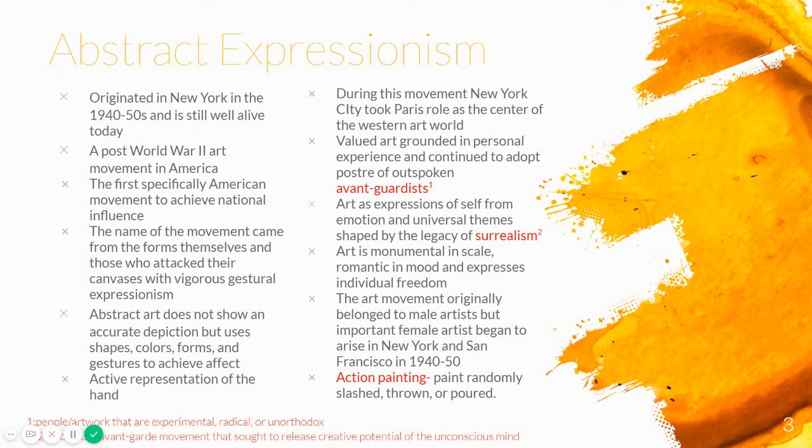Okay, abstract expressionism. The characteristics for this movement are in ways very similar to the expressionism movement. We're going to be seeing some of those same characteristics, and there is one big difference that we will get to, but I want you just to refresh your brain about expressionism.